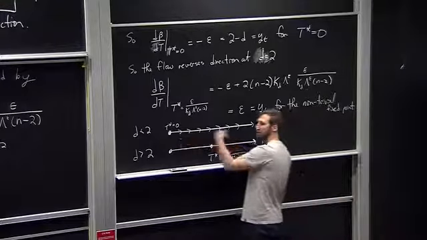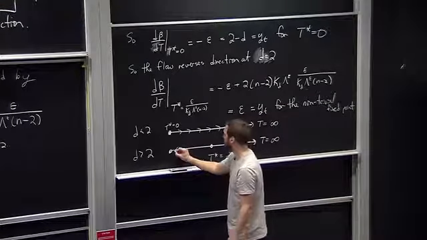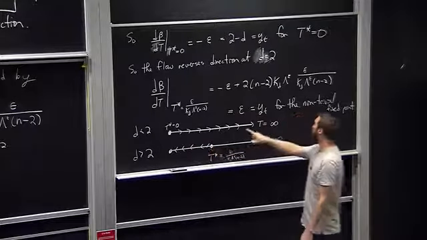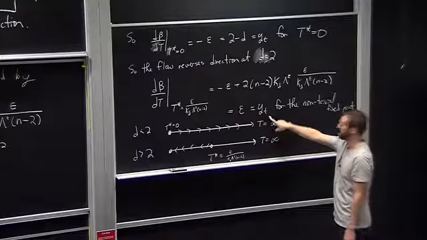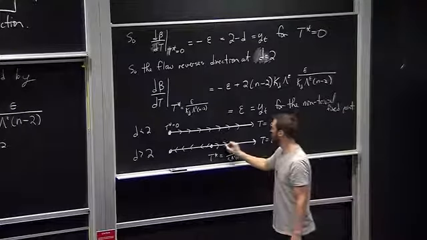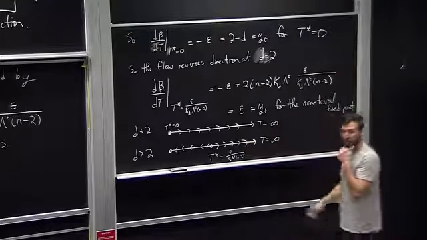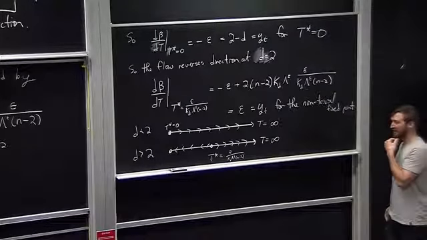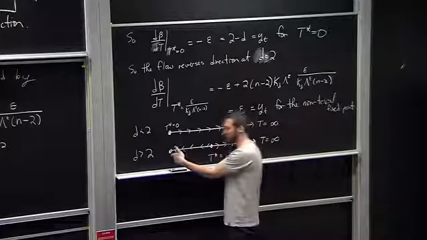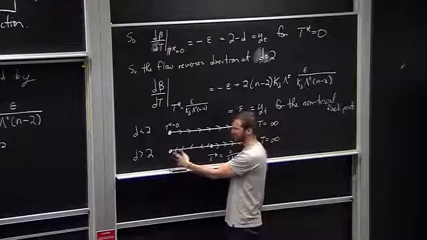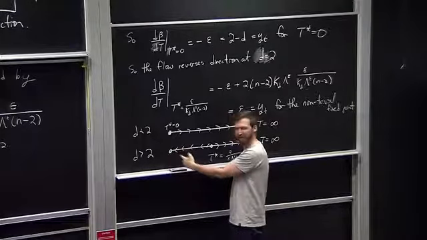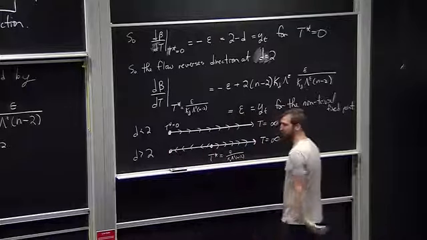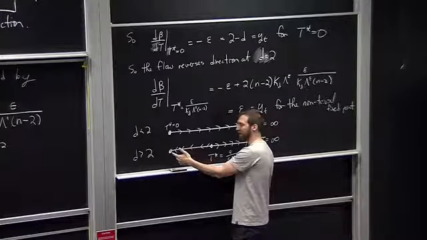Flows to this fixed point are now irrelevant, which means things are relevant here, which means that this has to be greater than 0, which it is, right? So we have flows that look like that. So the low temperature phase is stable. That's what irrelevant means. You perturb your Hamiltonian, you push it somewhere up this line, and it flows back. So the physics of anything here is governed by that fixed point.